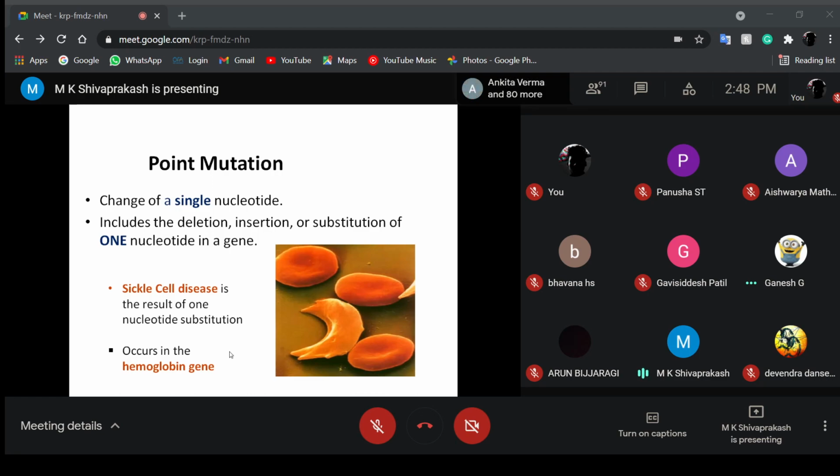As a result, the red blood corpuscles, instead of being circular, come out sickle shaped, as in the picture. So their function is reduced.